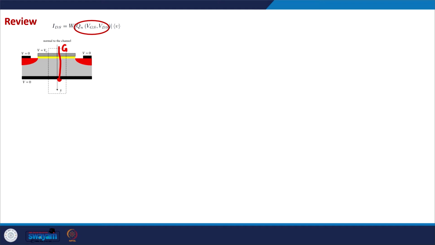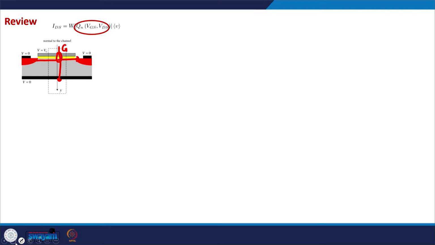And there are valid reasons to do that, because in conventional MOSFETs, the electric field in this direction and especially in this region is extremely strong as compared to the electric field in this direction.